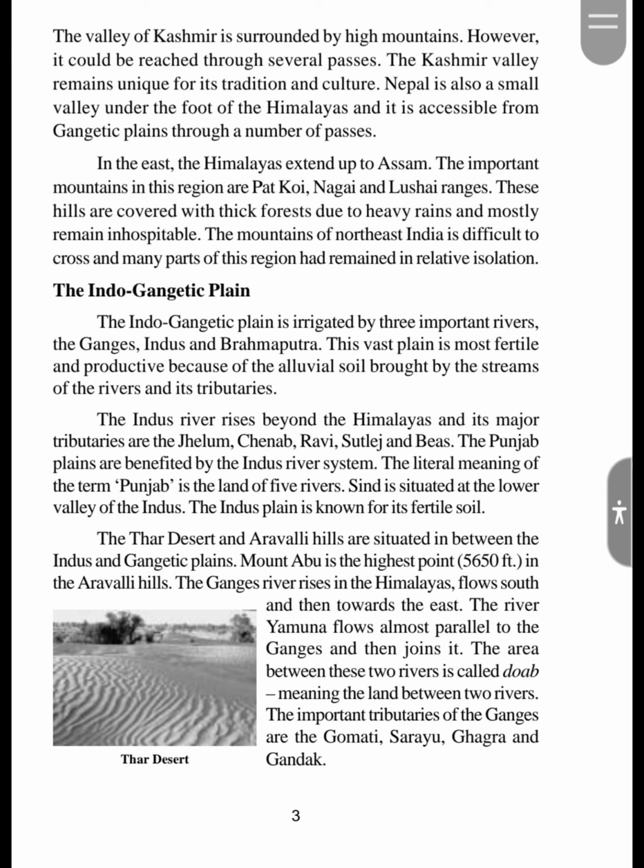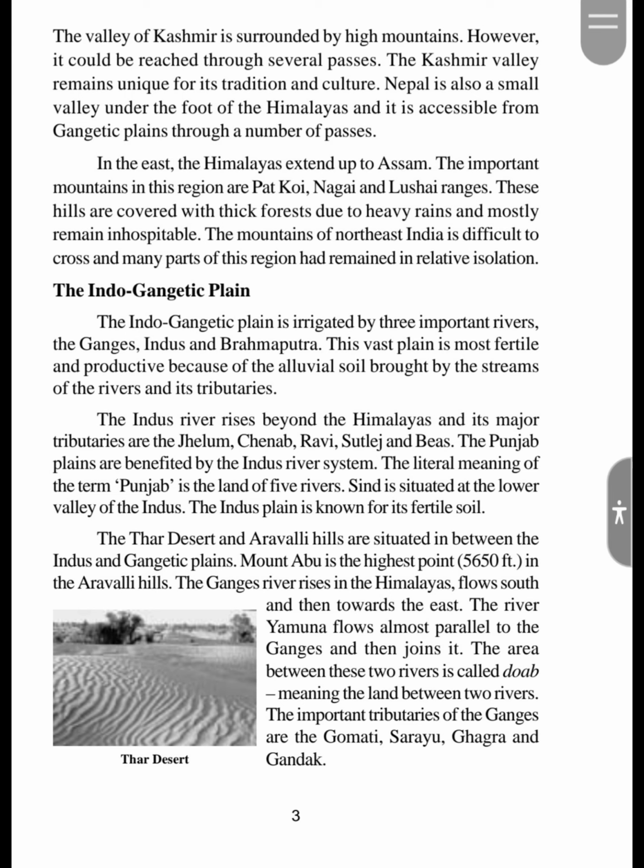Second, the Indo-Gangetic Plain. The Indo-Gangetic Plain is irrigated by three important rivers, the Ganga, Indus, and Brahmaputra. This vast plain is most fertile and productive because of the alluvial soil brought by the streams of the rivers and their tributaries.